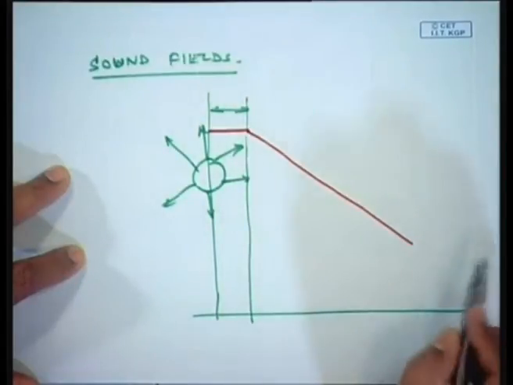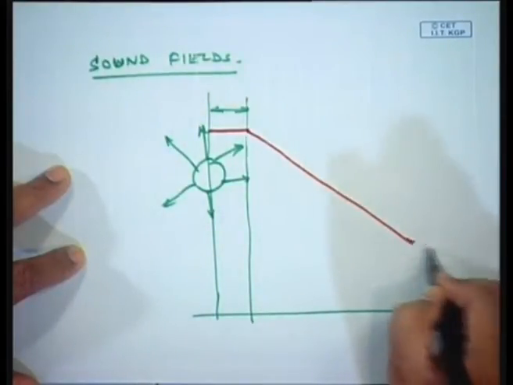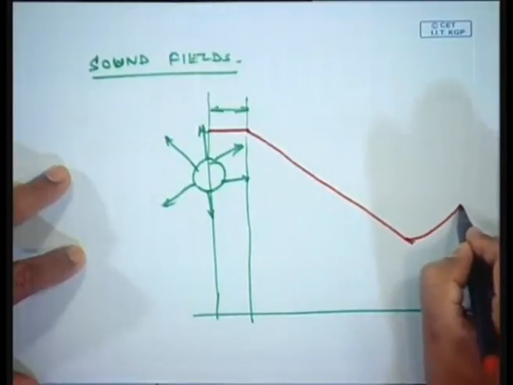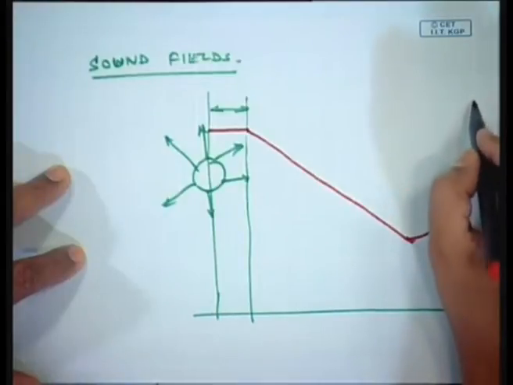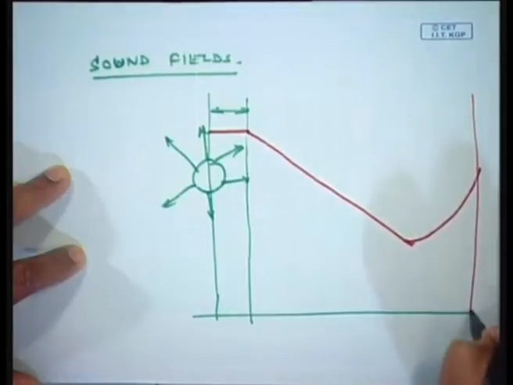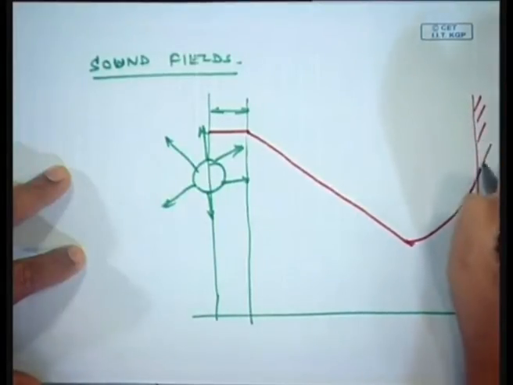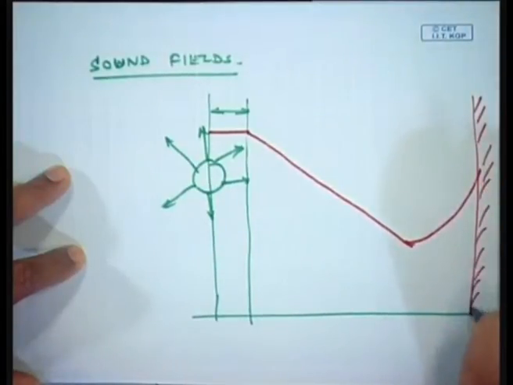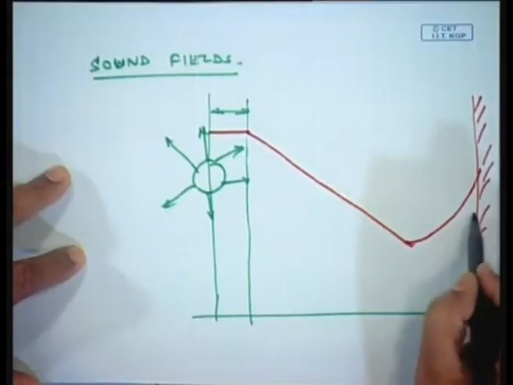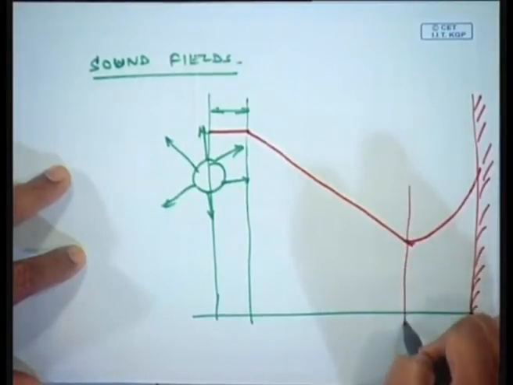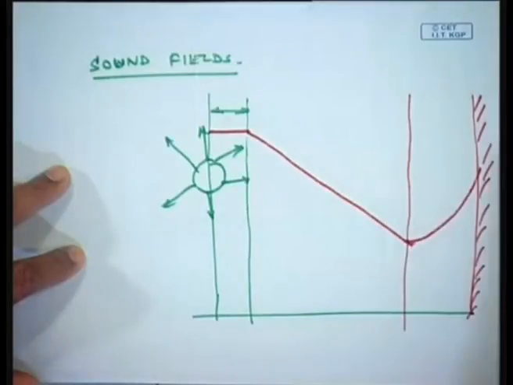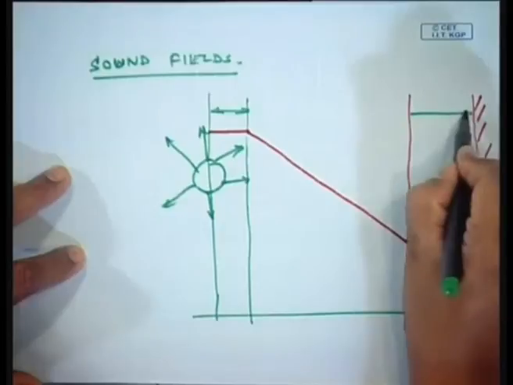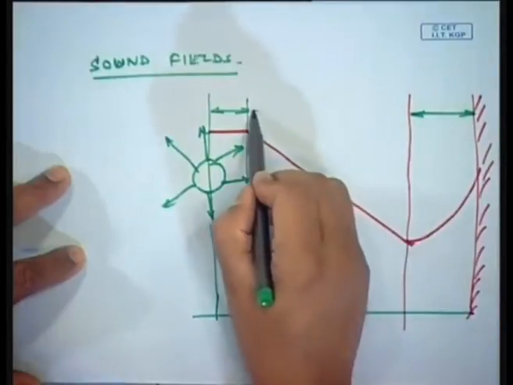this is going to come down by 6 decibels, and then towards the boundary, now this level has happened. So, there are 3 distinct zones.